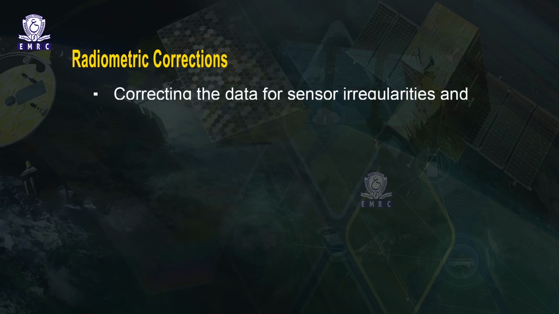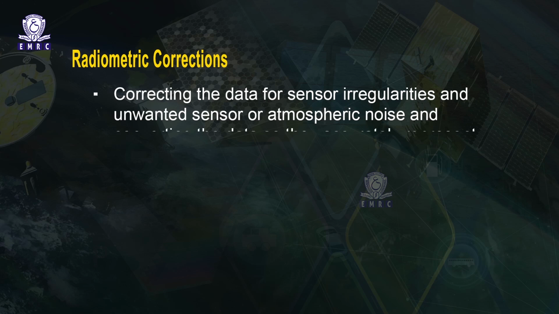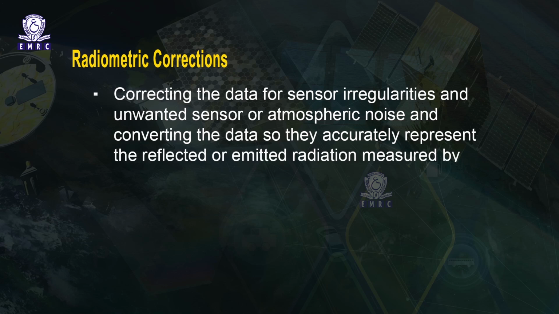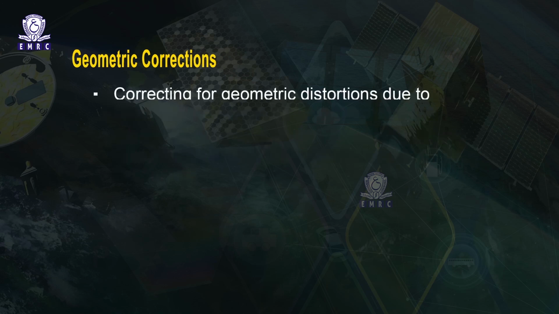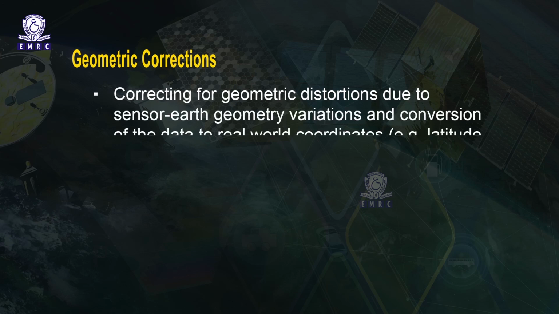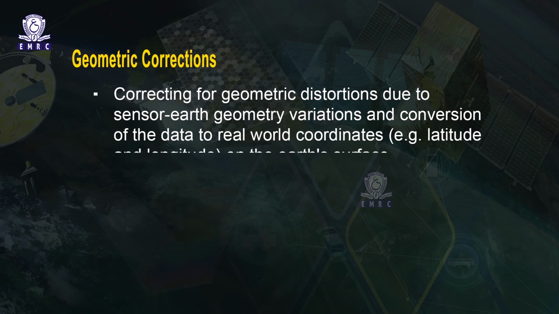Radiometric corrections include correcting the data for sensor irregularities and unwanted sensor or atmospheric noise, and converting the data so they accurately represent the reflected or emitted radiation measured by the sensor. Geometric correction includes correcting for geometric distortion due to sensor-earth geometry variations and conversion of the data to real world coordinates, that is latitude and longitude on the earth's surface.